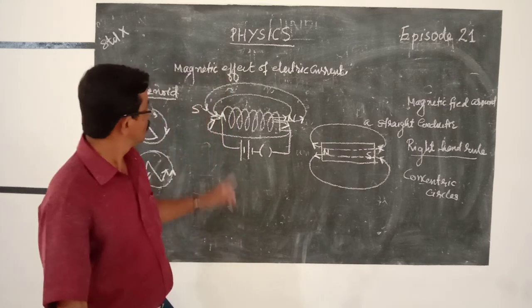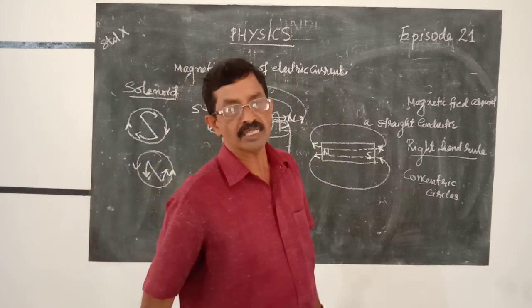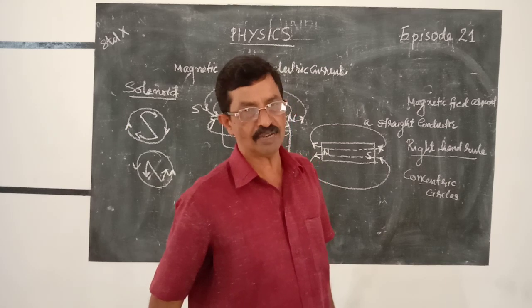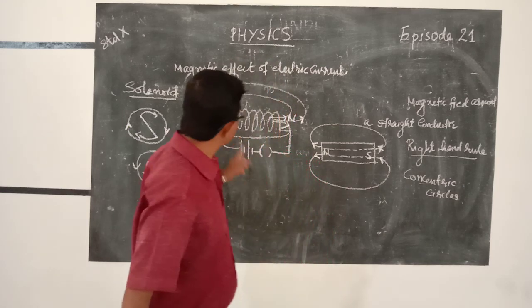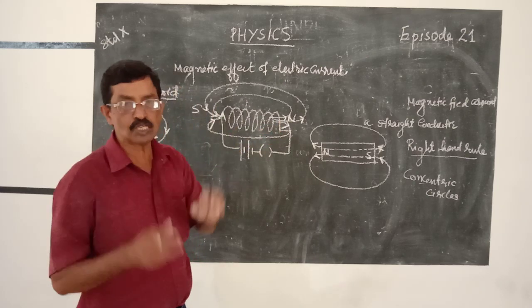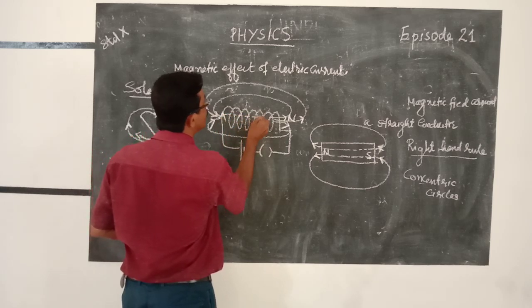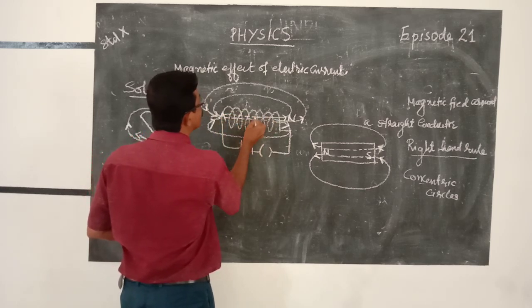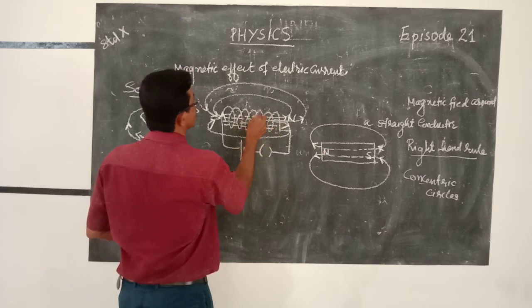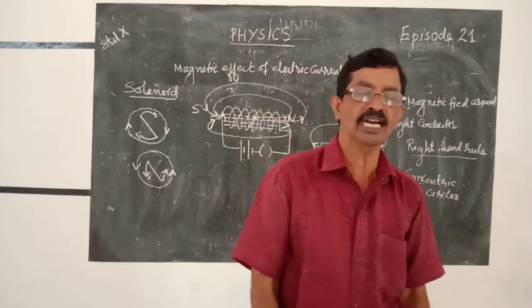We know that when we compare a current carrying solenoid and a bar magnet, the magnetic fields are similar. Here the magnetic field lines originate from north and go to south. Inside the solenoid, magnetic field lines are parallel.